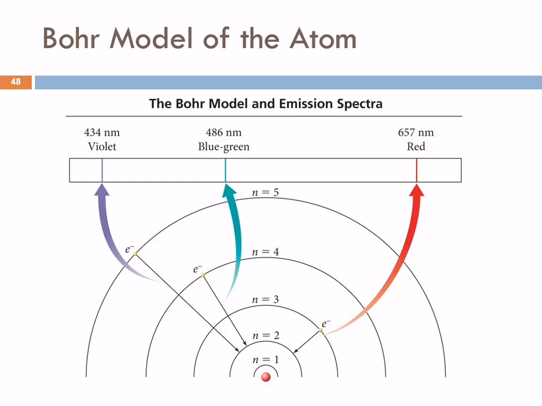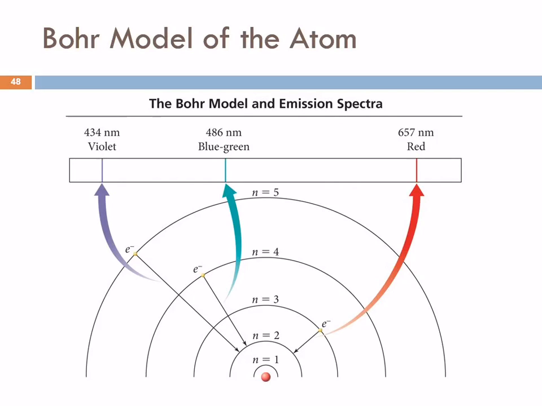We shine light of all these different wavelengths on it, and we observe that it will absorb this wavelength when it does this transition from n equals 2 to n equals 5. It'll absorb this one, it'll absorb that one. Now there are other transitions here, but those energy differences might not fall within the visible spectrum, and so we can't actually see them. We only see the ones that are visible.